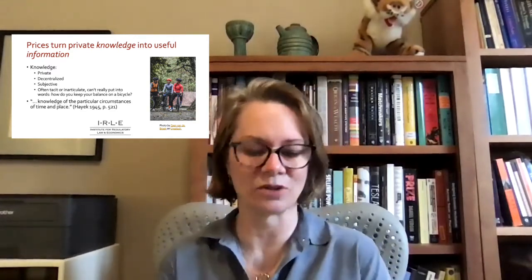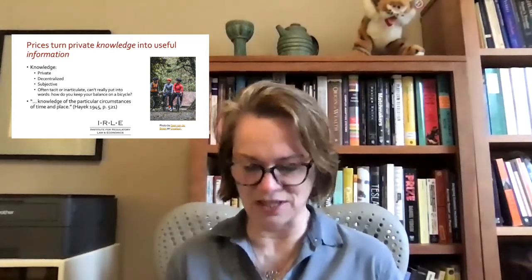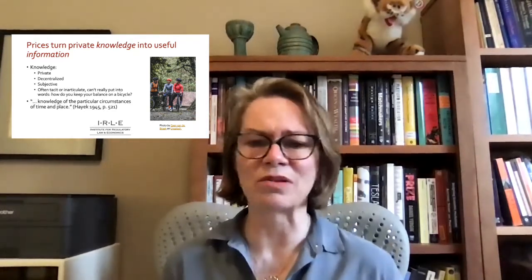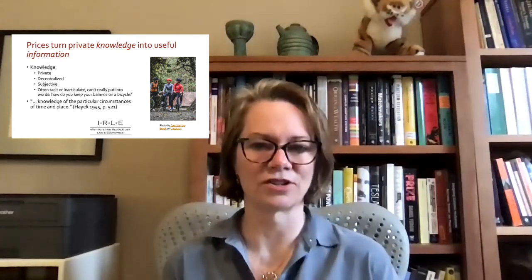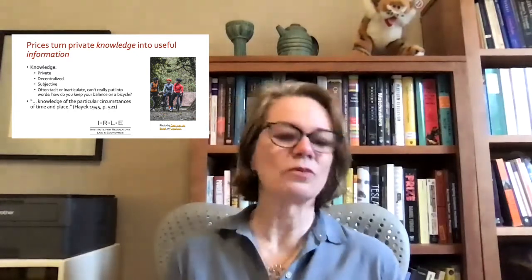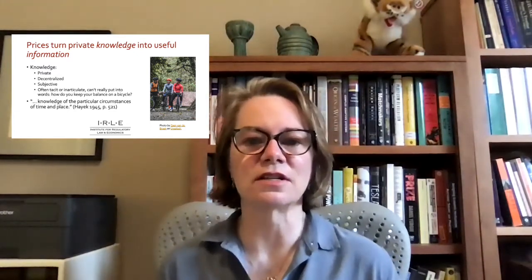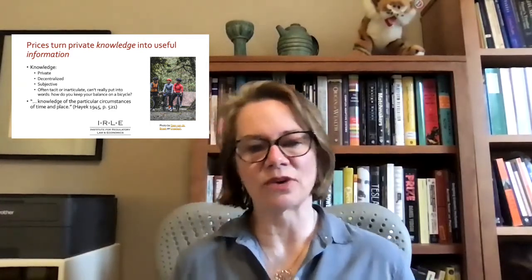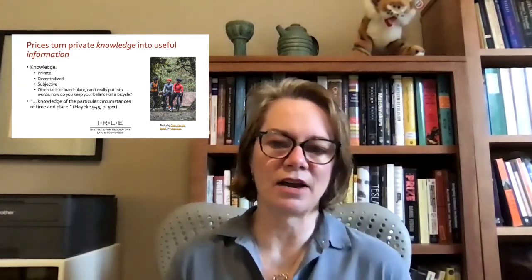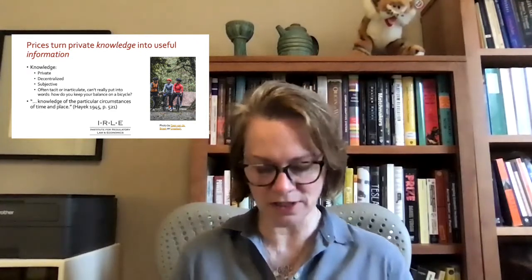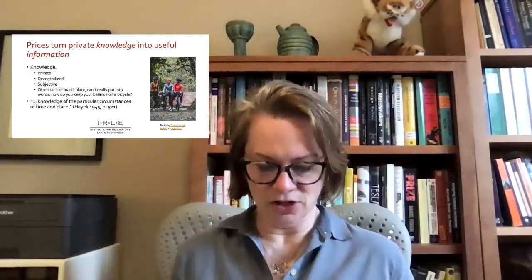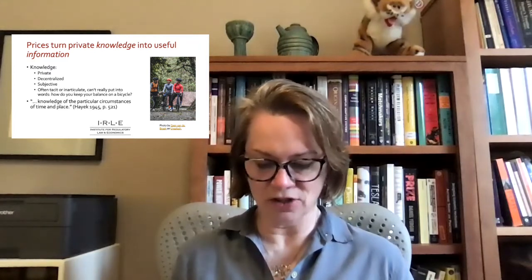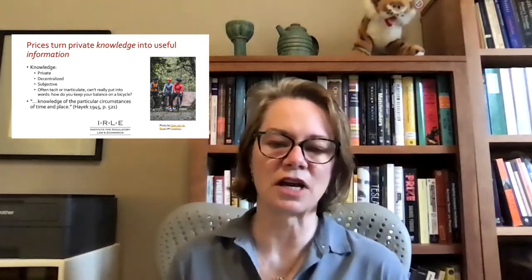And that distinction between knowing that and knowing how is an example of the idea that a lot of the knowledge that we bring to bear in our everyday decisions day to day is tacit or inarticulate. One of the best encapsulations of this idea of tacit knowledge comes from the seminal 1945 article, "Use of Knowledge in Society" by F.A. Hayek, where he says that knowledge is the knowledge of the particular circumstances of time and place.